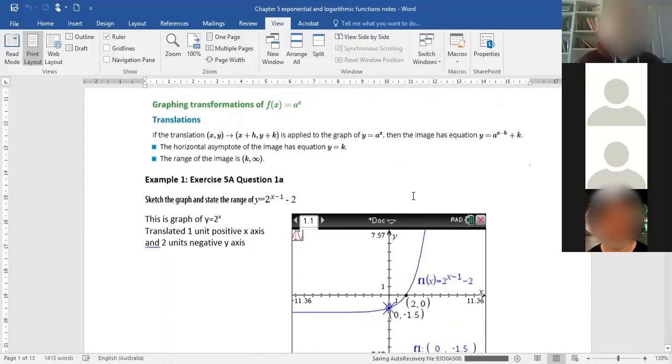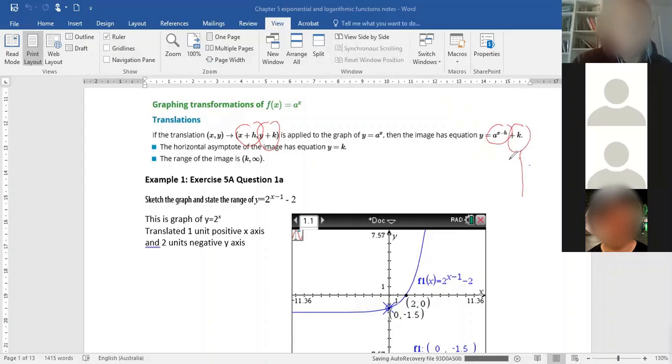Now, as I said, we can do translations, and we should know that if we've got this type of graph, we can have a translation along the x and a translation along the y. When we do it along the x, we get the x minus h when we're finding our image, and of course we've got the plus k.